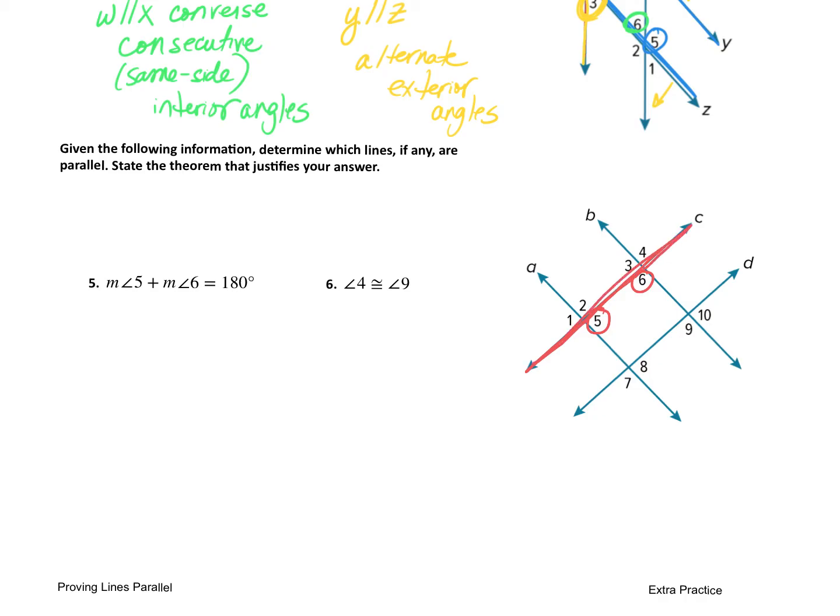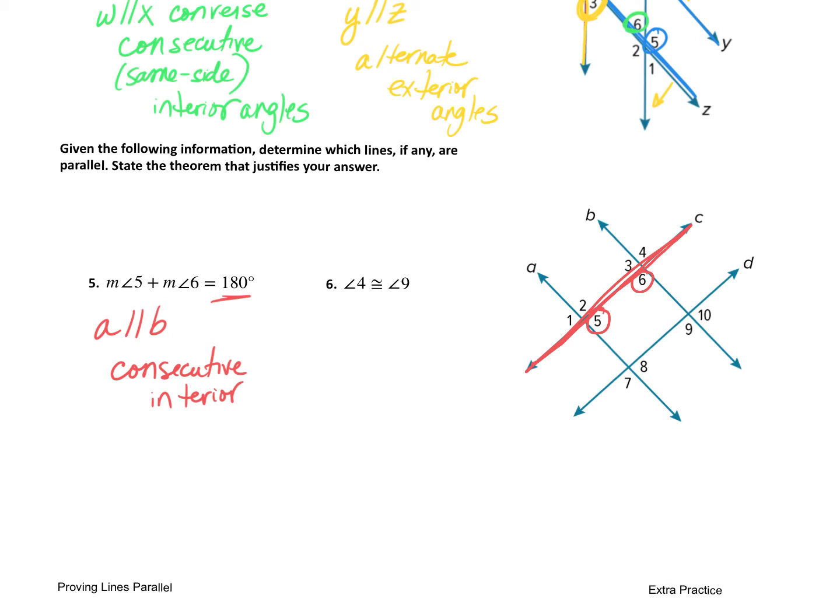If C is their transversal, then it's A and B that are parallel, and they are parallel because they are consecutive interior angles. And remember, consecutive interior or same side interior angles are always supplementary.